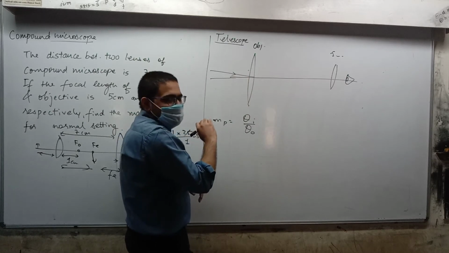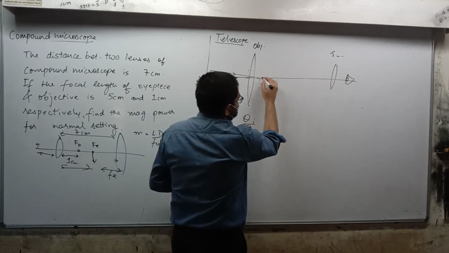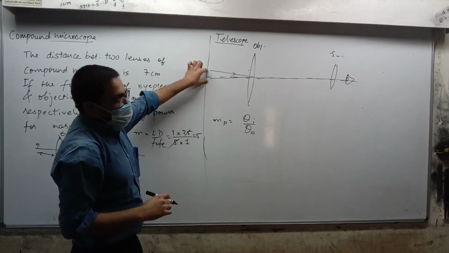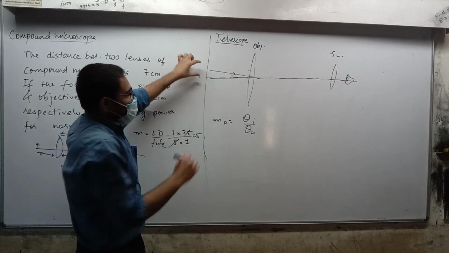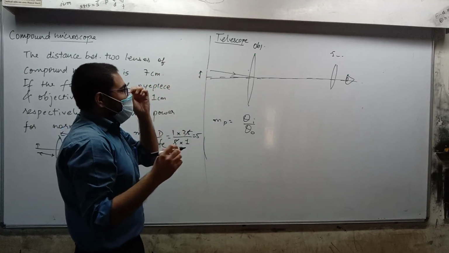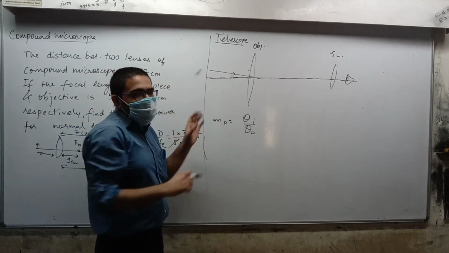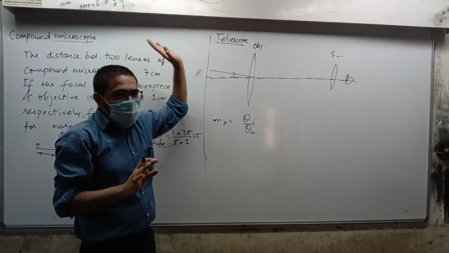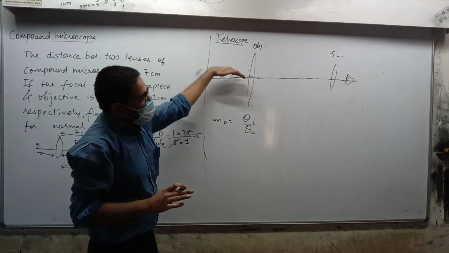So let's say this is the principal axis, or the direction in which you are looking, and an object appears this big. Why am I not drawing it? Where would I draw it, if it's a star? Understood what I'm saying? So just rays, that's it.